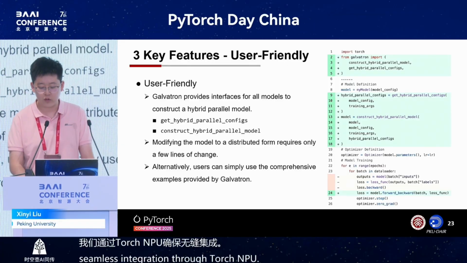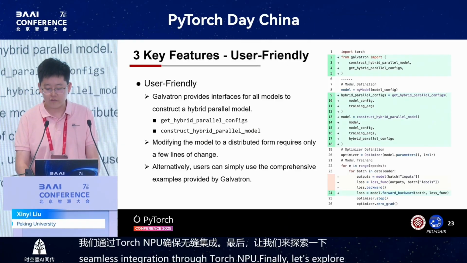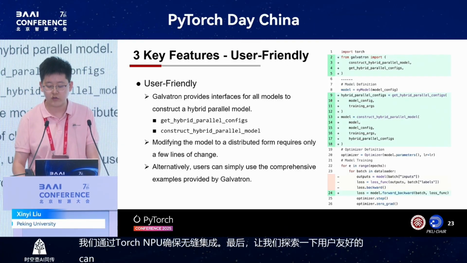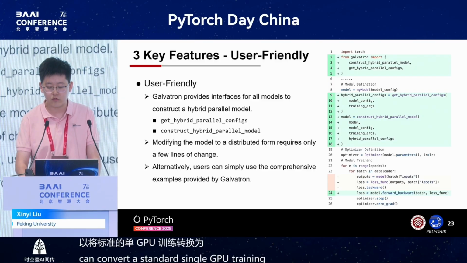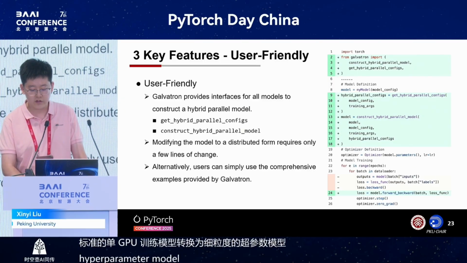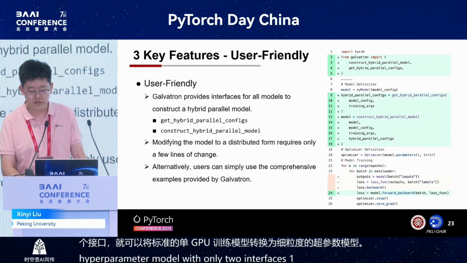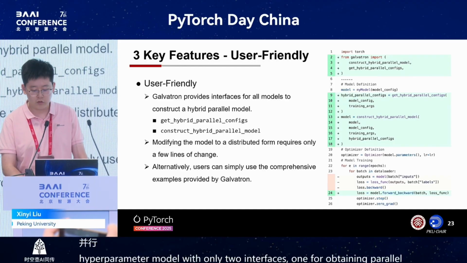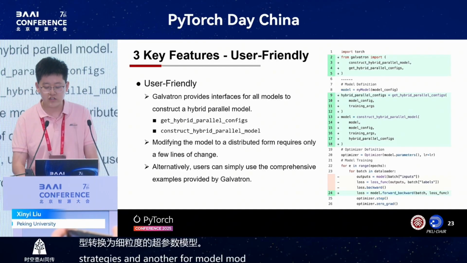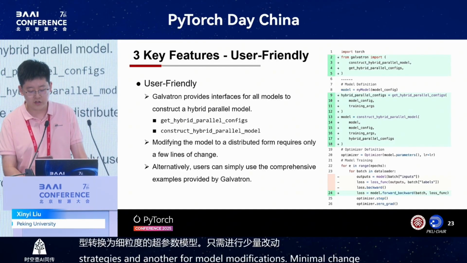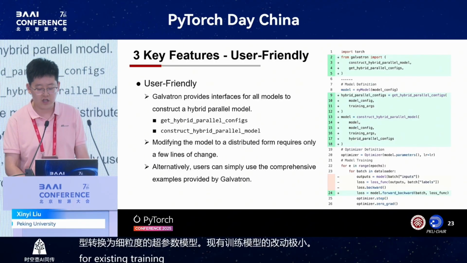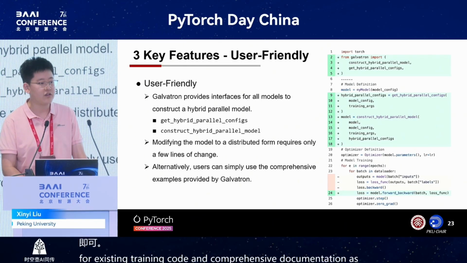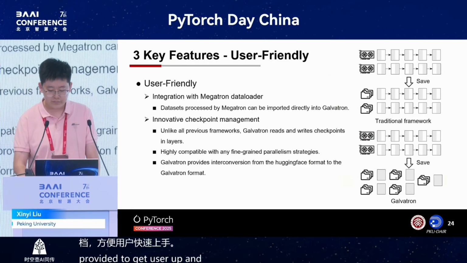Finally, let's explore user-friendliness. Users can convert a standard single-GPU training model into a fine-grained hybrid parallel model with only two interfaces, one for obtaining parallel strategies and another for model modification. Minimal changes are needed for existing training code, and comprehensive documentation and examples are provided to get users up and running quickly.